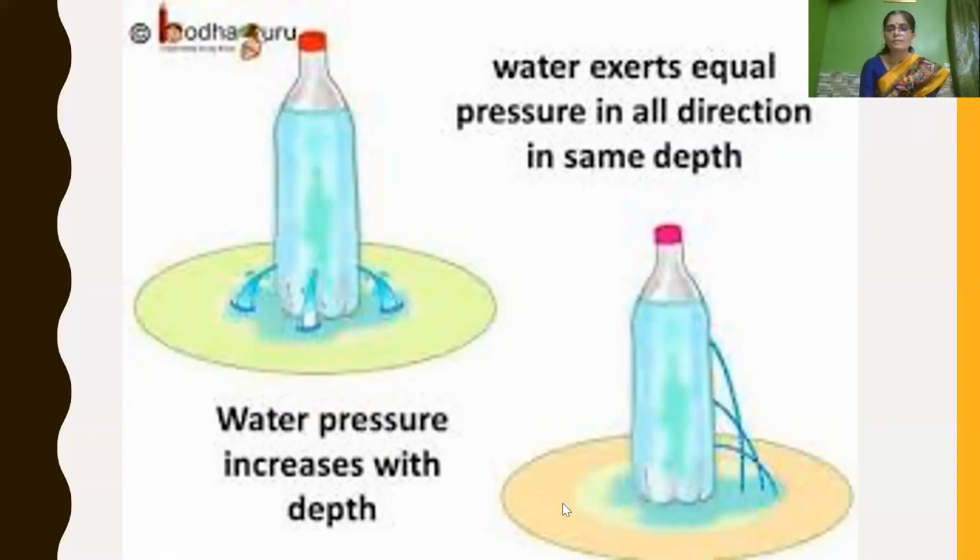On the other hand, in the next figure, water pressure increases with increasing depth. The water from the bottom hole flow is more and covers a larger distance. Why? Because the depth is more. So the more the depth, the more the pressure. Pressure increases with depth.